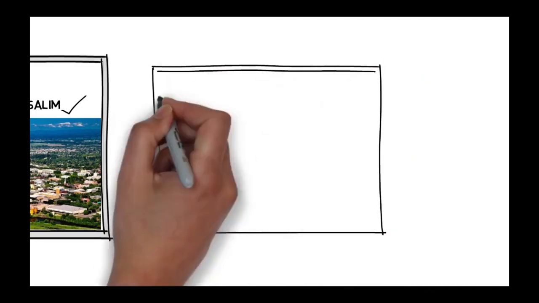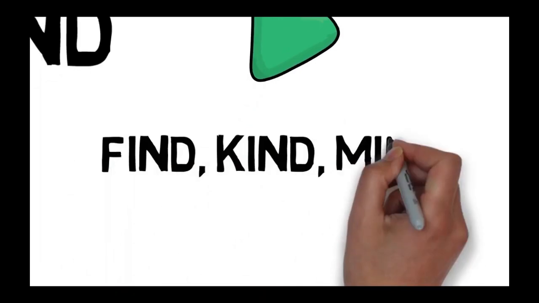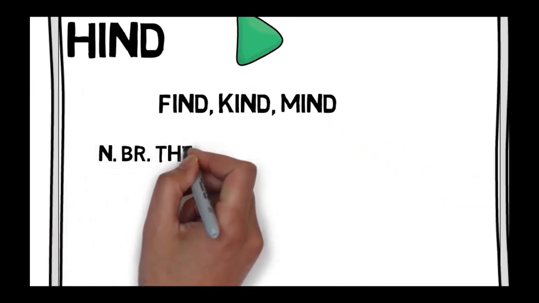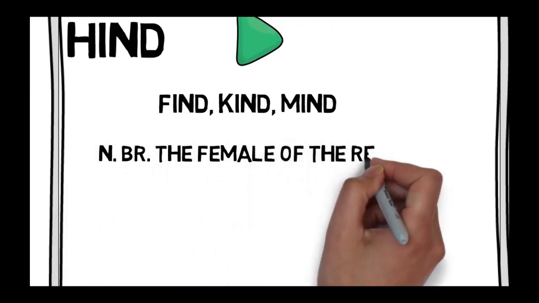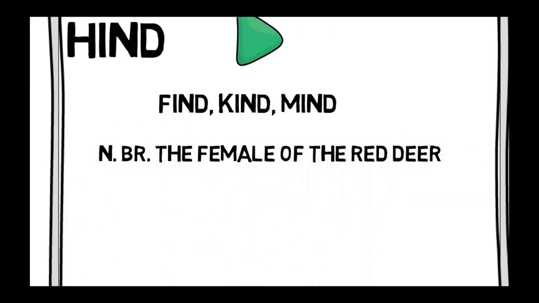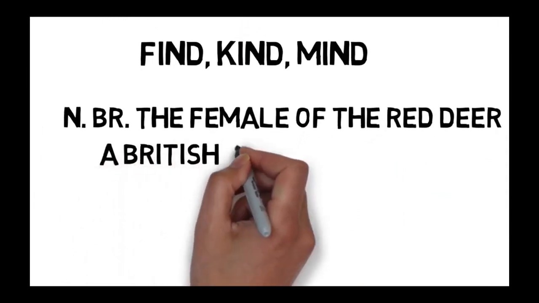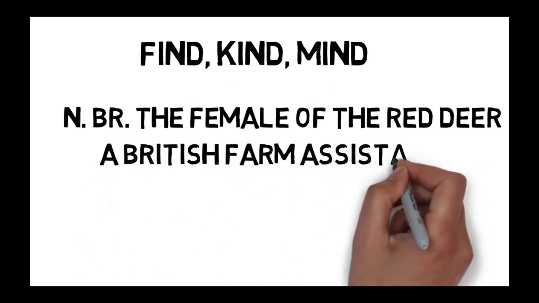The vowel in the Arabic name Hind is often pronounced I before ND, like in find, kind, mind, blind, but wind is an exception. Even in English dictionaries, the word hind as a noun means the female of the red deer, a British farm assistant.